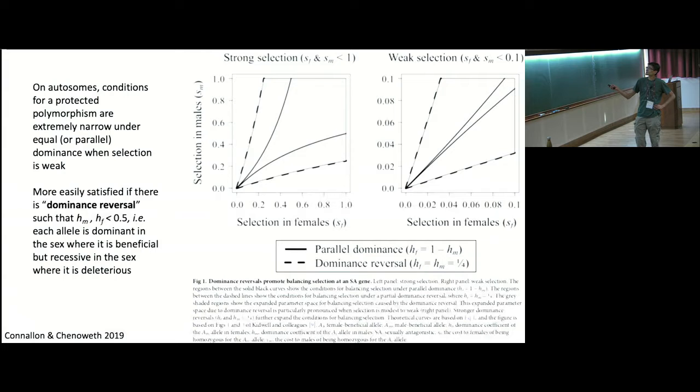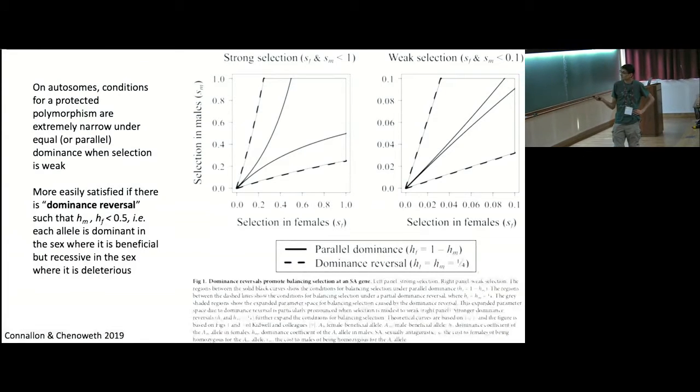And especially when you look at smaller selection coefficients, the parameter space where you can permit a protected polymorphism is much greater when you have this dominance reversal compared to the very narrow range without a dominance reversal.